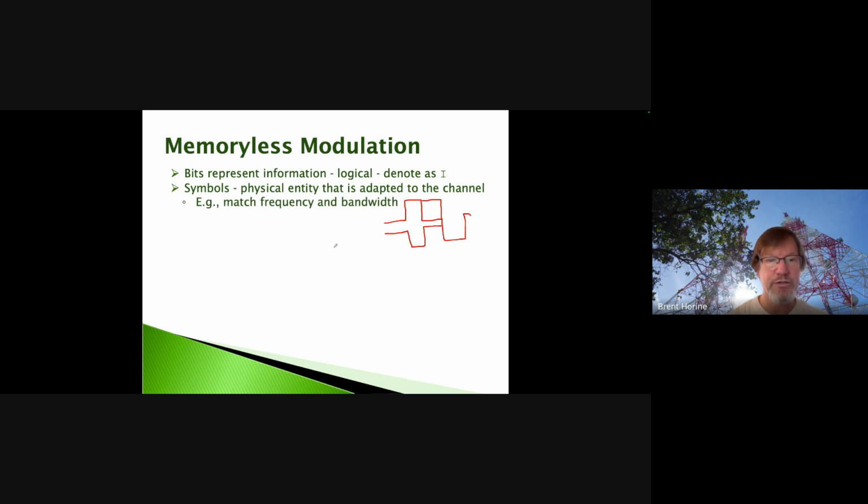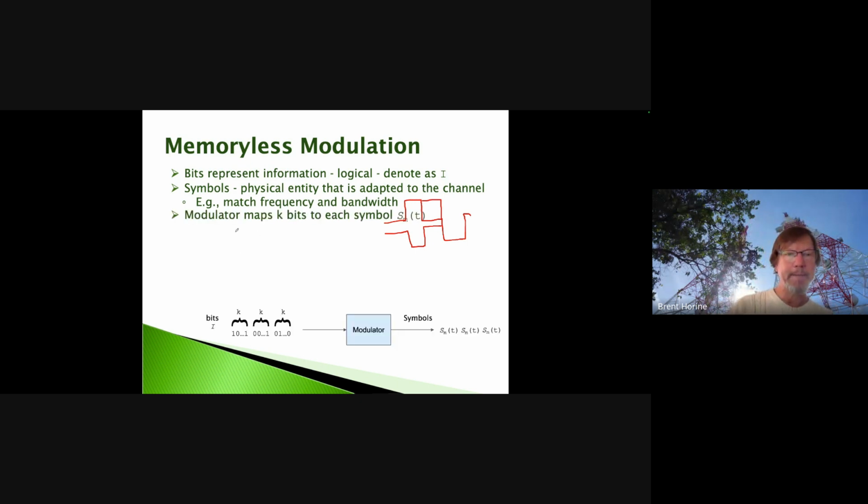Now, in RF situations, we need to match frequency and bandwidth to the available channel, right? So now maybe we're taking a bit and modulating up to 100 megahertz, and then we're structuring or filtering its bandwidth to be maybe 1 megahertz wide or something like that, right?